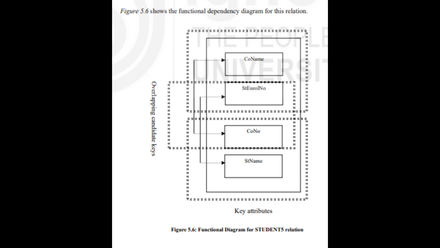Now, let us reconsider the relation 2NF B, COU_INST (CONO, CONAME, co_instructor, in_office). Assume that CONAME is not unique and therefore CONO is the only candidate key. The following functional dependencies exist: (1) CONO → co_instructor, (2) co_instructor → in_office, (3) CONO → in_office. This is a transitive dependency.